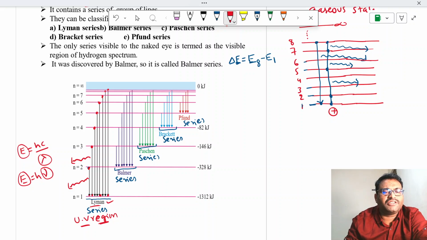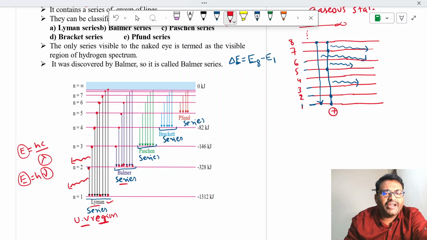Next is the Balmer series. When the electron is de-exciting from a higher energy level directly to the second energy level, then the group of spectral lines produced is called what? Balmer series. Will the electron stop at the second energy level during its de-excitation?